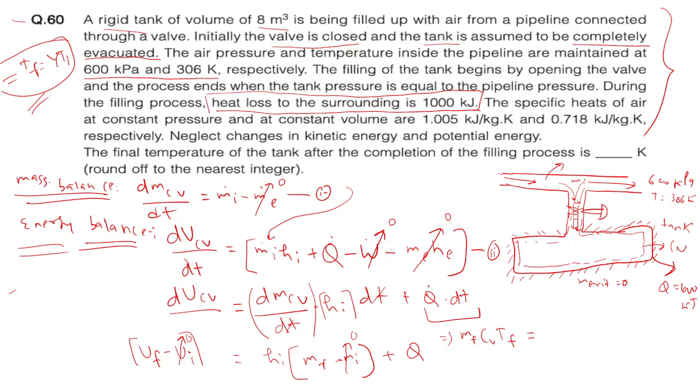What would be the value of mf? Density into volume. How will you find density here? PV is equal to mRT, in which we will use the pressure and temperature of the pipeline.